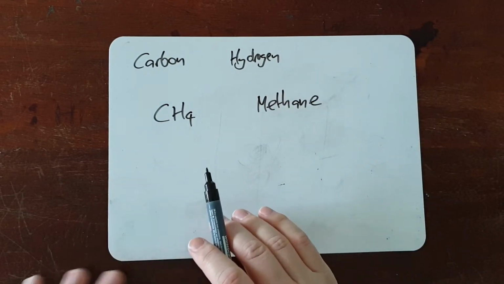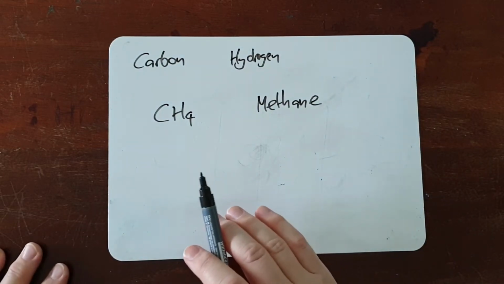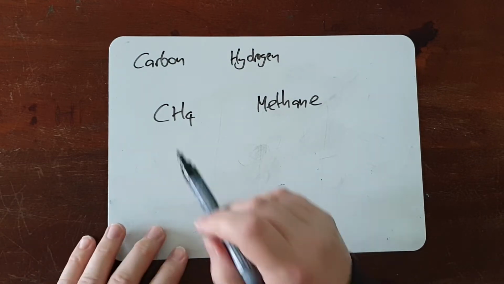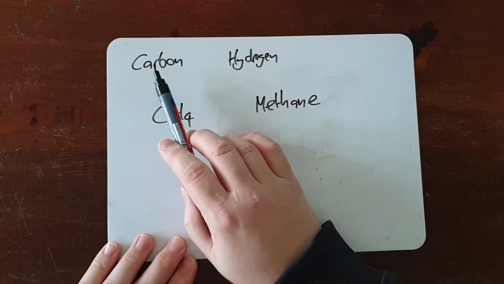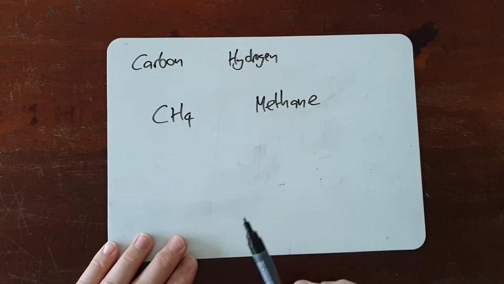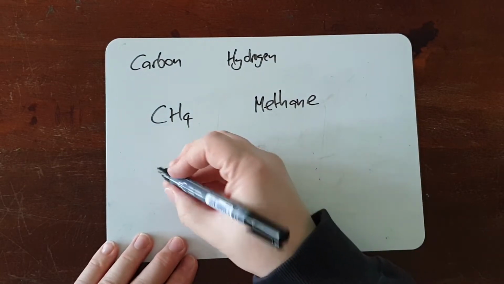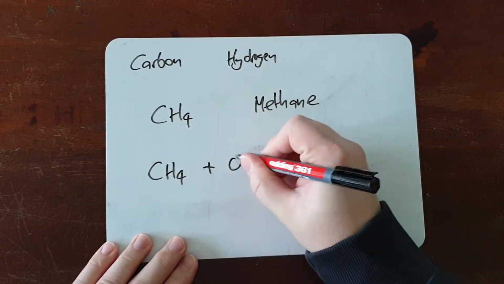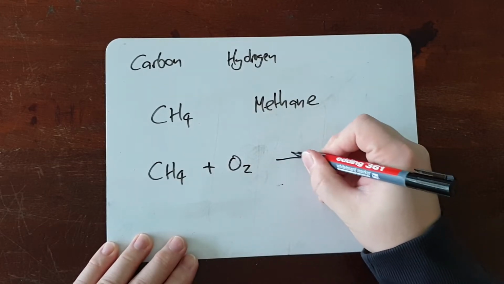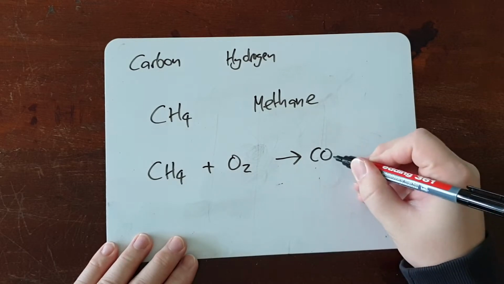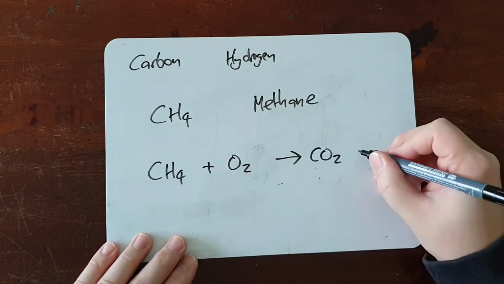Right, and if you are burning something, if you're doing combustion, it means you're reacting it with oxygen. And there's some pretty well-known compounds if you react carbon with oxygen and if you react hydrogen with oxygen. So if you've got CH4, methane, we'll react it with oxygen, O2, and the two products that we get are carbon dioxide, which is CO2.